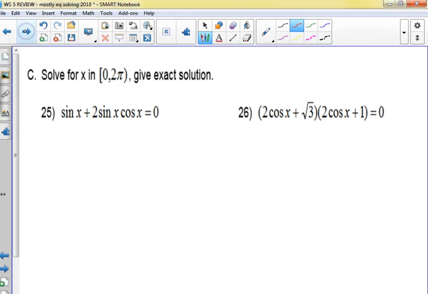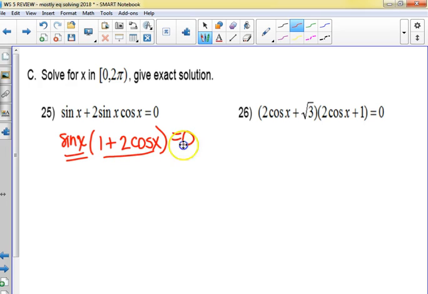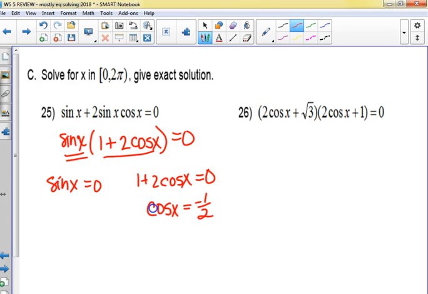It's possible that there's one tomorrow where you have to factor like this, like take out a sine. Was that what you would know to do? What'll this say after you factor out a sine? 1 plus 2 cosine. And then we need to say this times this equals 0. So either this is equal to 0 or this is equal to 0, which would make the cosine negative 1/2. We're doing 0 to 2 pi.